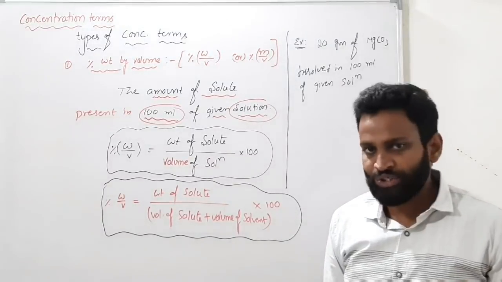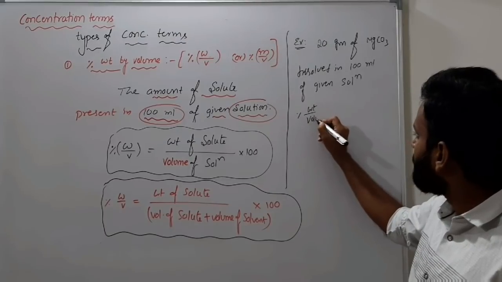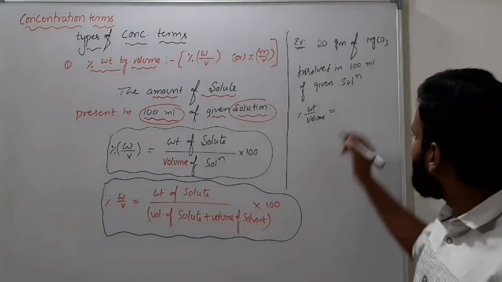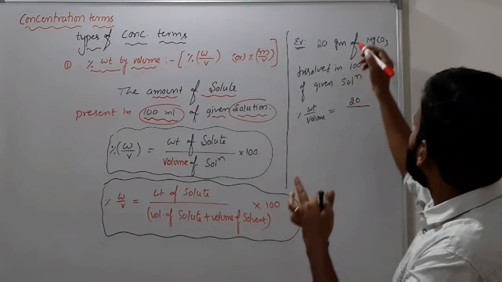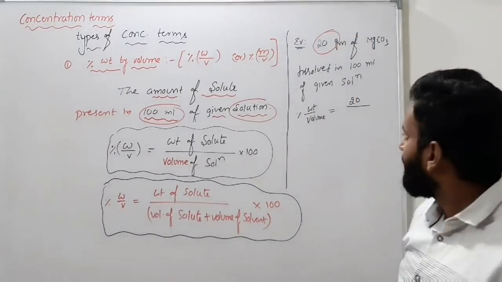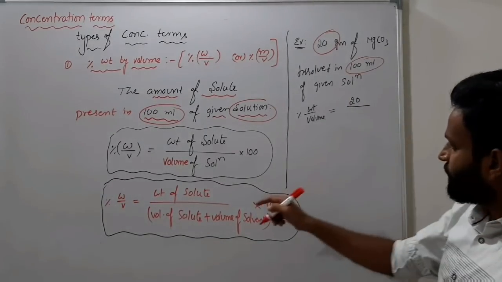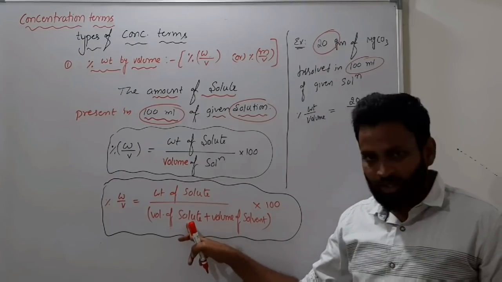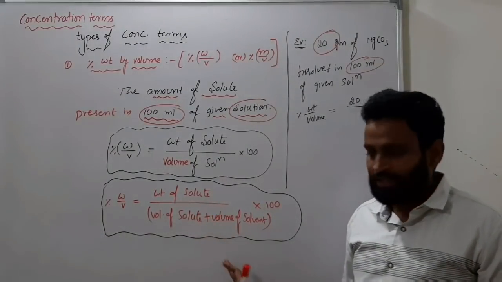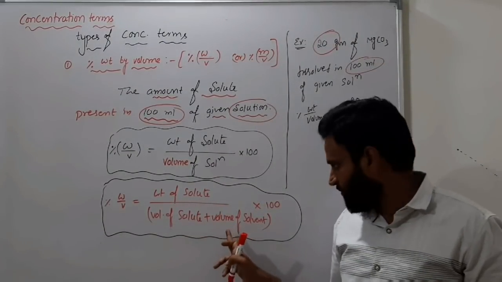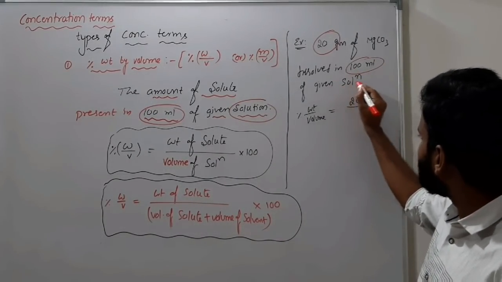Solution itself. So what can I use now? Percentage weight by volume will be 20 by... Because weight of solute, who is the solute now? This 20 grams will be the solute. And who is the solution? The 100 ml of given solution. If they want, they will give volume of solute as well as volume of solvent, but in this example, 100 ml of given solution is given.